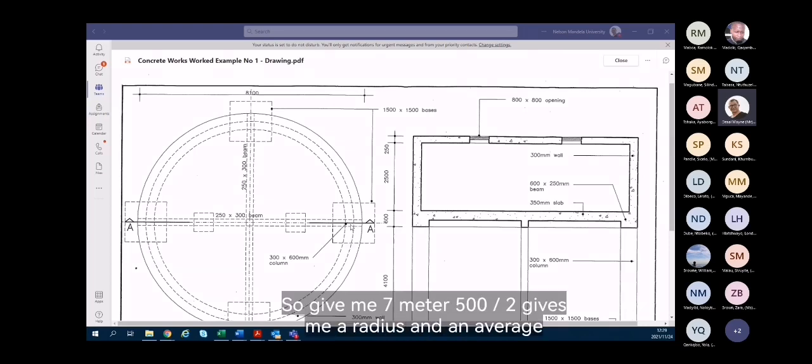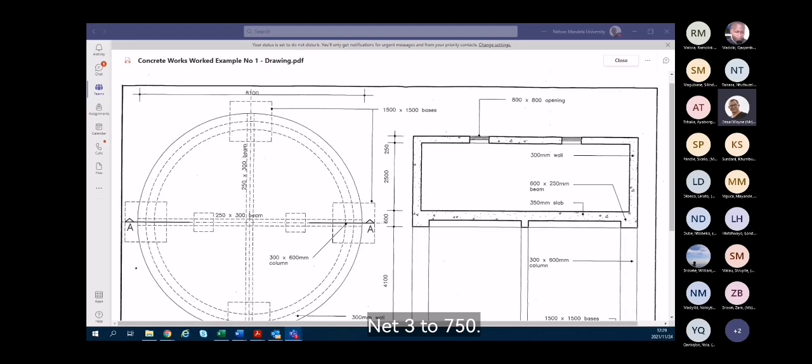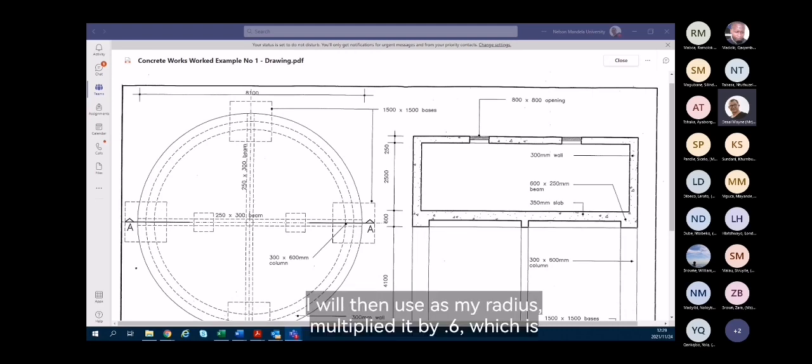So 7 meter 500 divided by 2 gives me an average radius to the center of 3 meters 750. I will use that 3 meters 750 as my radius, multiply that by 0.6, which is the width, and multiply by 0.25. And the 0.25 is the depth from there, where you can see my cursor, to there, because the 600 minus the 350 slab takes me up there.